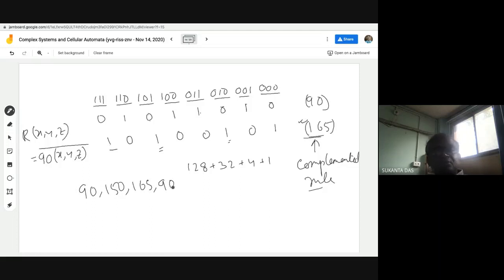No, it was 150 in my example. So this is the complementary rule. So the CA defined by this rule vector is a complementary CA.